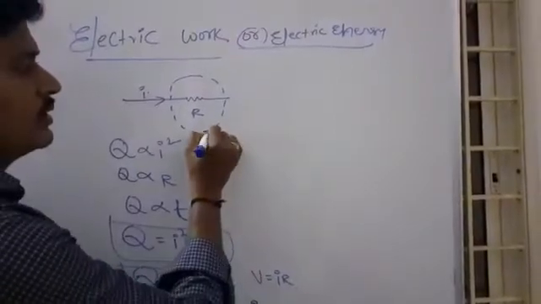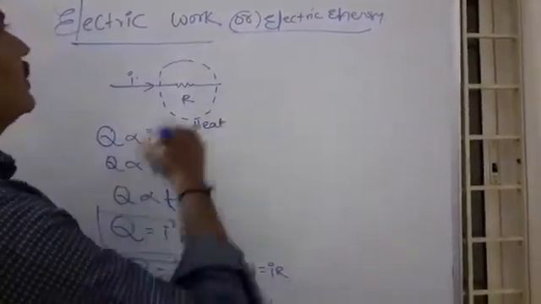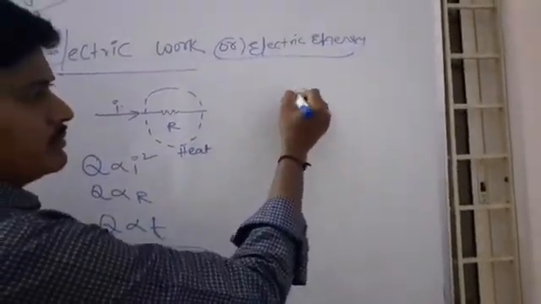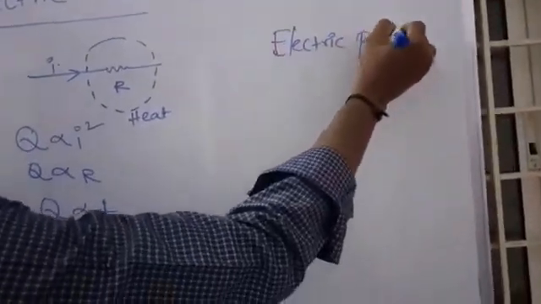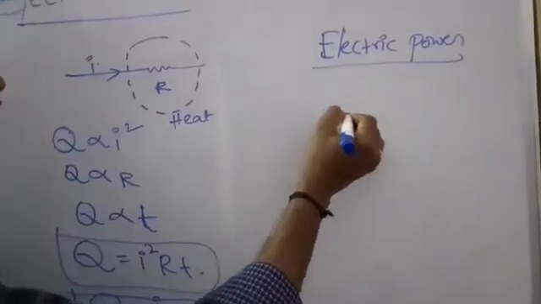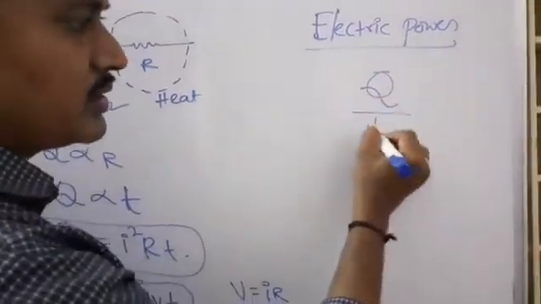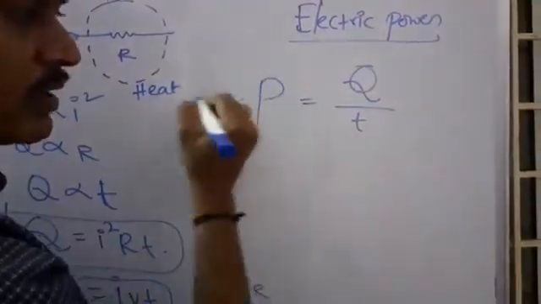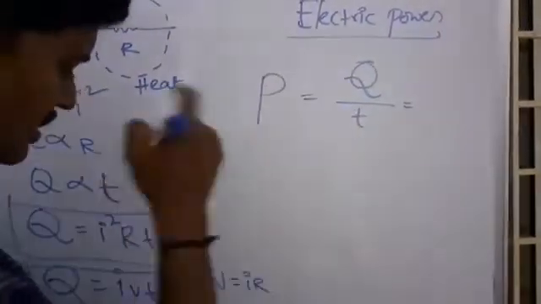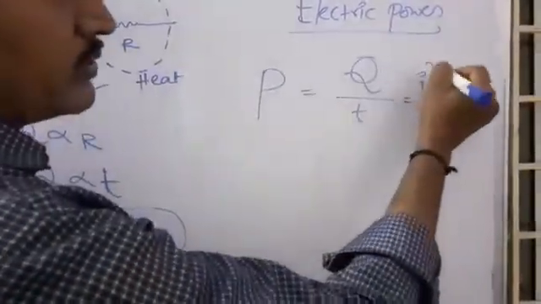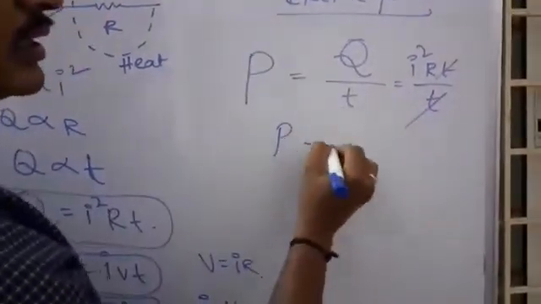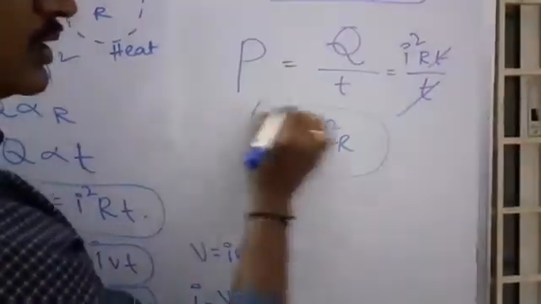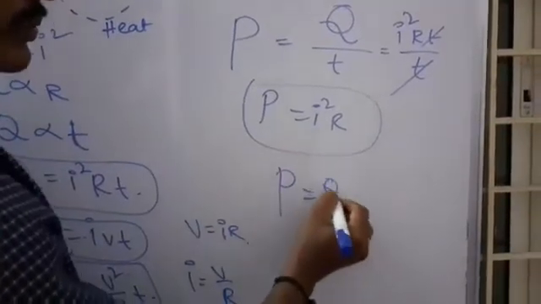Next, electric power. Electrical power means the rate of electrical work. It is called electrical power. Q is equal to I square into R into t, divided by t, t gets cancelled, so P is equal to I square R. P is equal to Q by t.